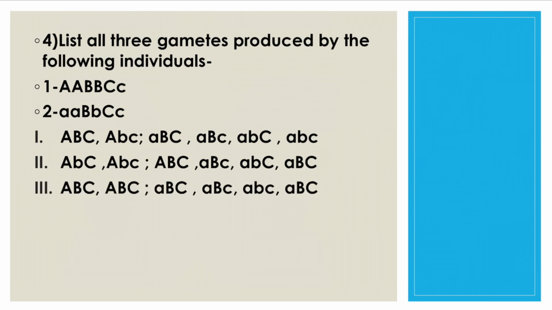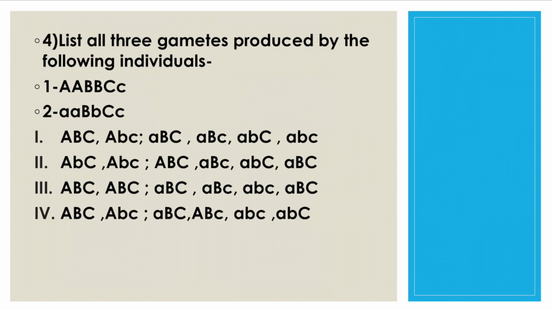In the third option, both the gametes are AaBbCc. That is not right because there is a small c in the first option. So the third option is also not correct. In the fourth option, in the first combination ABC is right, but small b is not present in the first option, so it's also not correct. So the first one would be the answer. Answer is first.